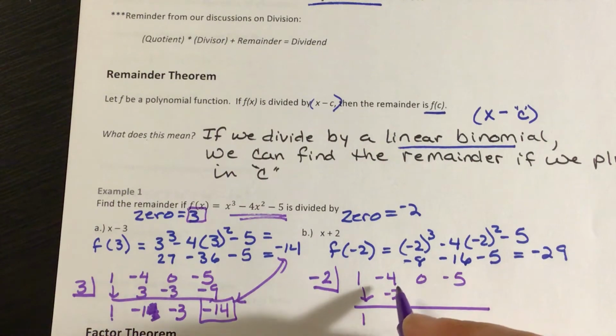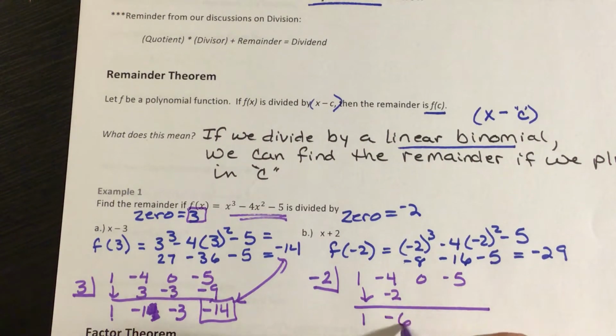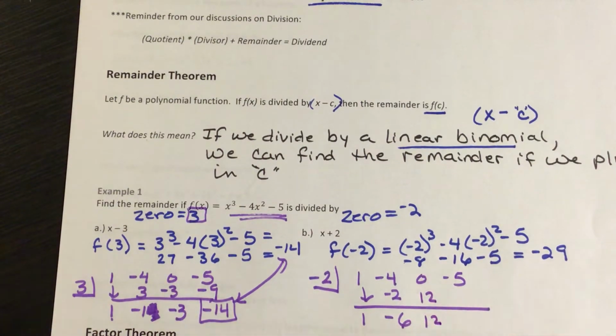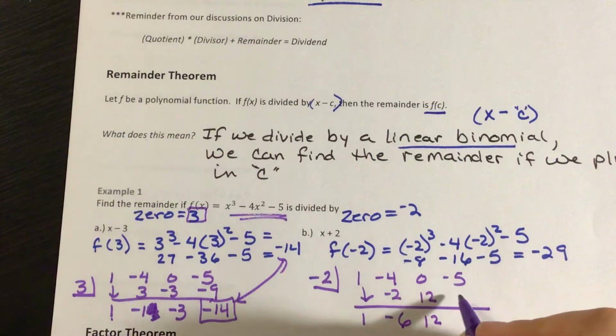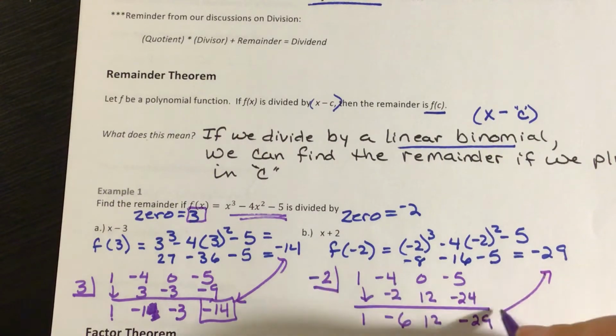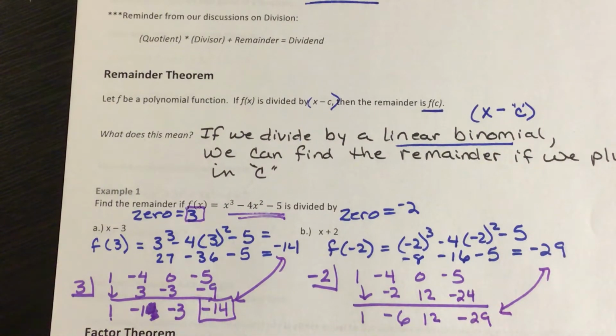That would give me negative 4 minus 2 is negative 6. Multiply, I get 12. Add down, I get 12. Here I get negative 24. Add down, I get negative 29.